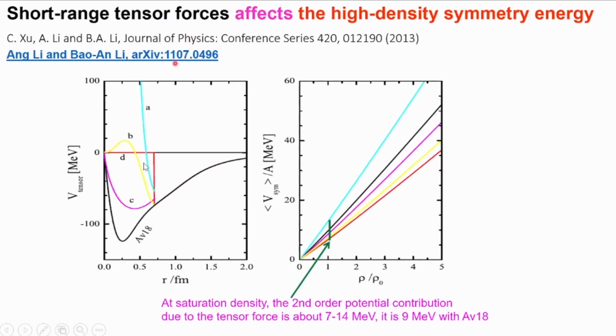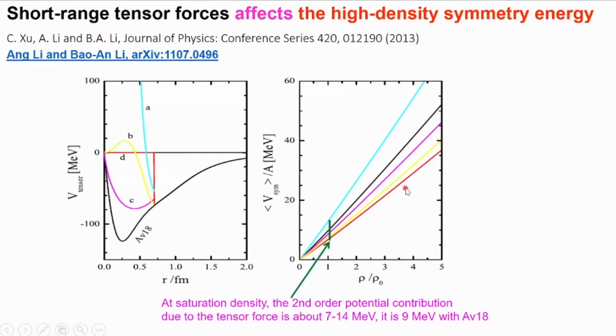As I have shown you, at shorter distance, around and below 1 Fermi, different models use different cutoffs or different forms for the strength of the tensor force. If you use that simple formula, you can translate it directly. This uncertain short-range behavior of the tensor force translates to the uncertain high-density behavior of the potential part of the symmetry energy.